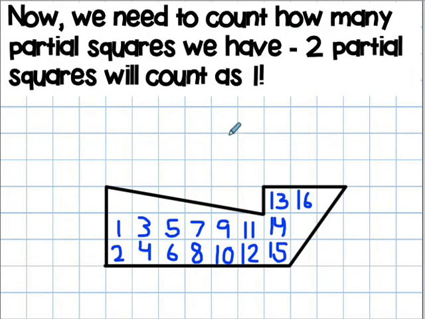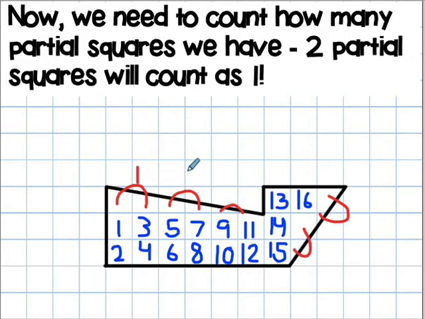Now, the next step is we can't just forget about all of these pieces. So what we're going to do is combine partial squares. What I mean by that is 2 partial squares will count as 1. So we're going to count this one and this one as 1, this one and this one as 1, this one and this tiny little one as 1, and so on.